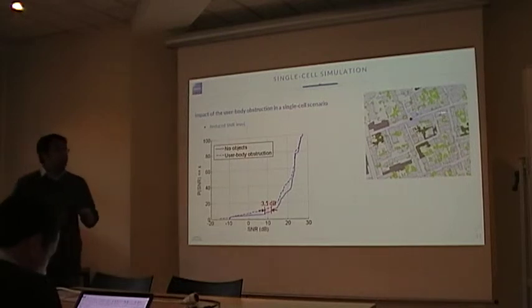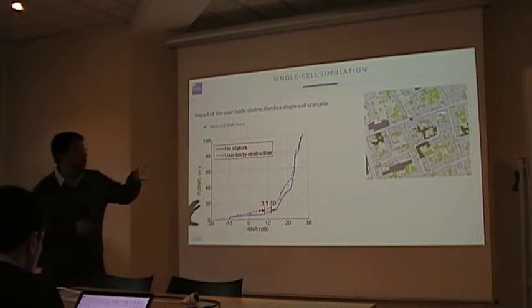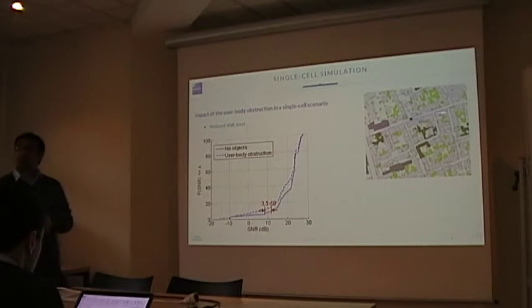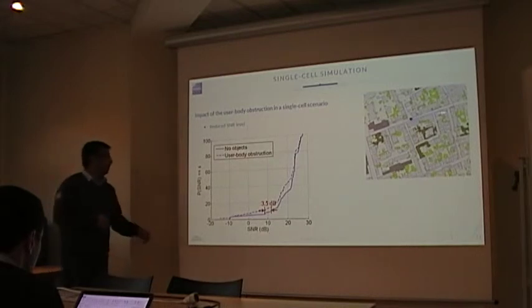For the single cell simulations, so you saw the whole network earlier, we've considered a single cell, shown by the red dot. And I don't know if you're able to see, there's a small area around it that we have considered, so it's not the entire area. What we look at here is the cumulative distribution function, CDF.